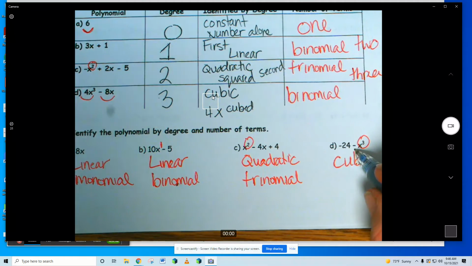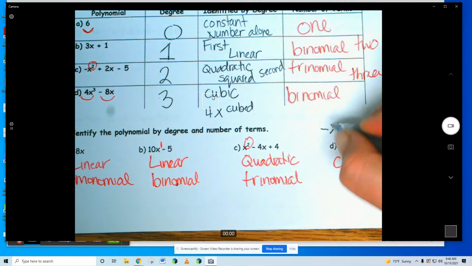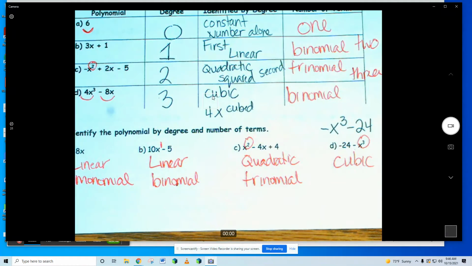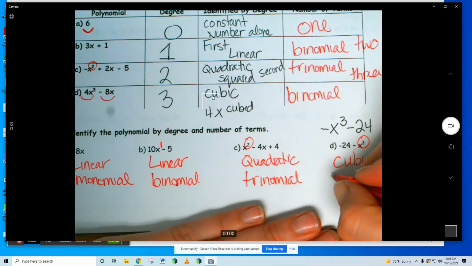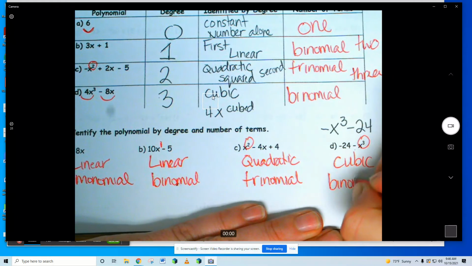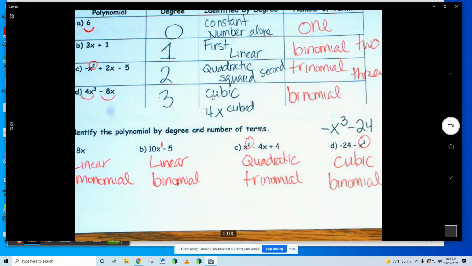Do you see how there's a negative sign in front of the x cubed? That negative sign better stay. Negative x cubed minus 24. And is it a monomial, binomial, trinomial? Binomial. Good.